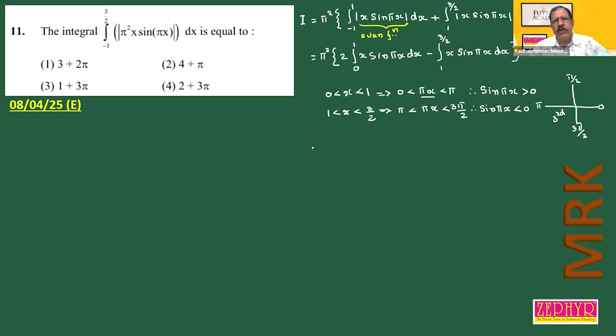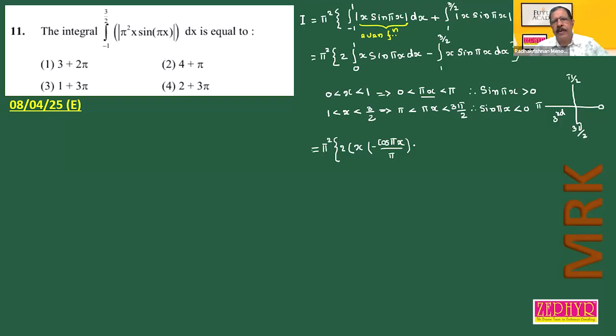So now I am going to write 1 by pi squared into 2 into x sin pi x into integral of sin pi x, that is minus cos pi x divided by pi.